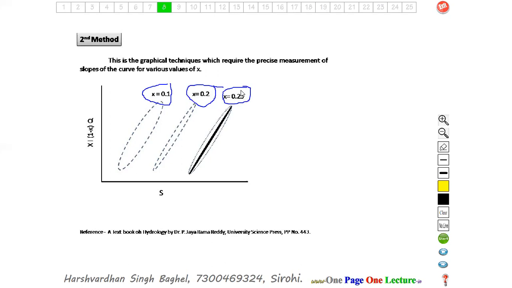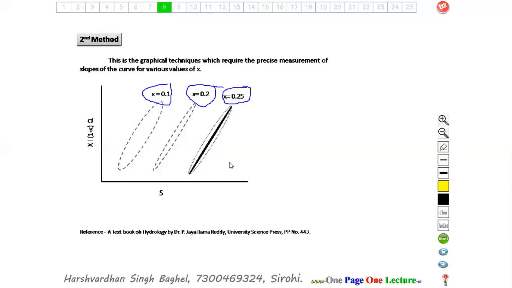The value of x which gives a nearly straight line for such a graph is the precise, correct value of x. For this x, if we put the value into this equation, we can calculate the value of K. So this is the second method.